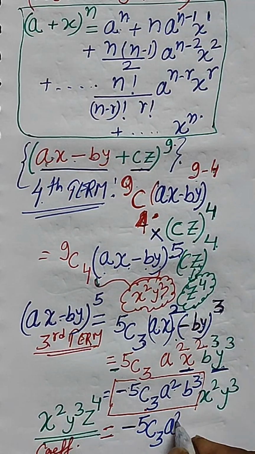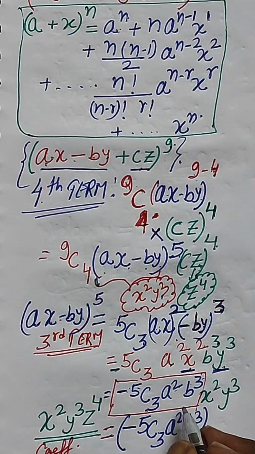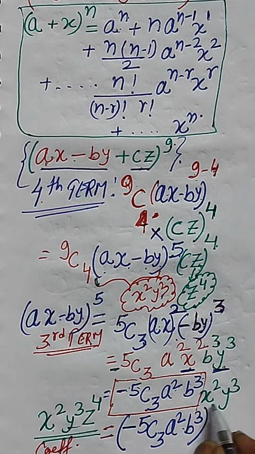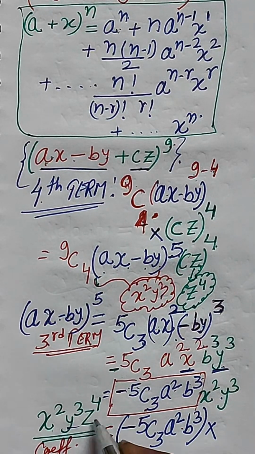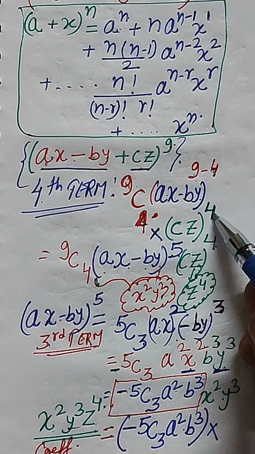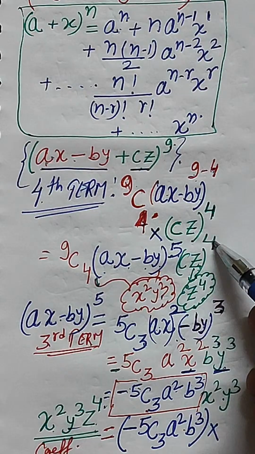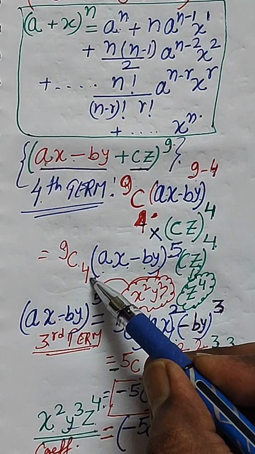This will be the coefficient of x square y cube, which we have already calculated here, multiplied with the coefficient of z4. What is the coefficient of z4? We have already calculated the coefficient of z4 over here, right? The coefficient of z4 is basically nothing but 9c4, right?